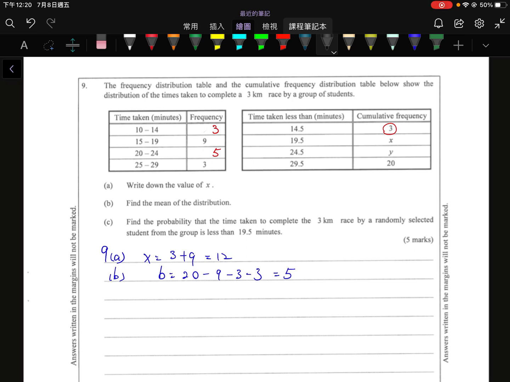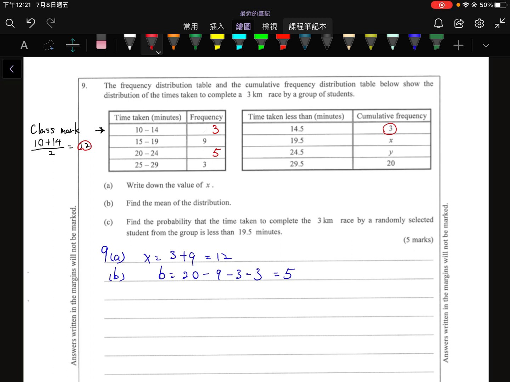The meaning of class mark is very easy. It's just the middle of the class. For the first group, the class mark is the beginning together with the ending, divided by 2, so the result is 12.